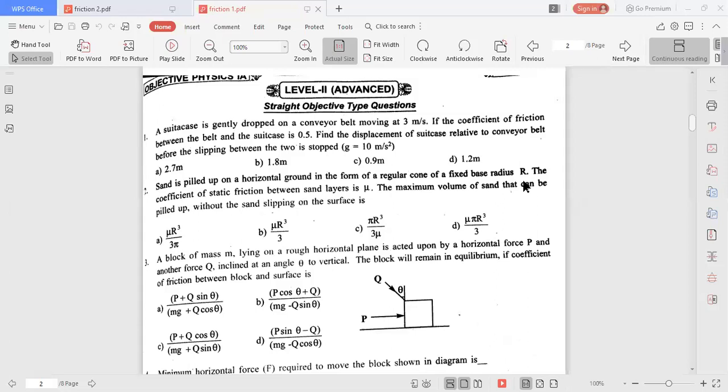Here this force Q is applied making an angle theta with vertical. The block will remain in equilibrium if the coefficient of friction between the block and the surface is... For what value of coefficient of friction will the block be in equilibrium? Here, the mass of the block is m. Then weight mg acts downwards, and at the same time, normal reaction acts on the block in upward direction.